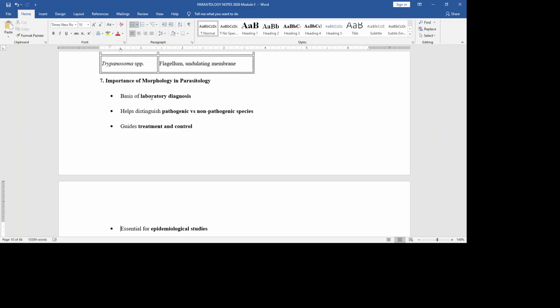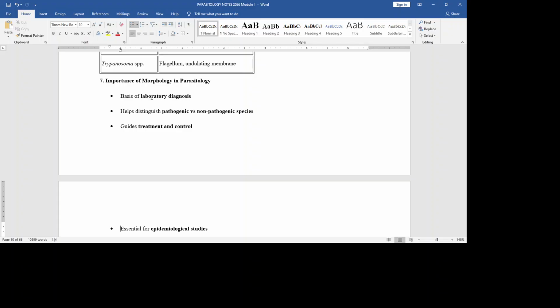Hence, once you understand the morphology of one organism from another, you can tell that indeed the animal is suffering from this parasite because of these observations of the parasite in the specimen that has been collected and used for the diagnosis.